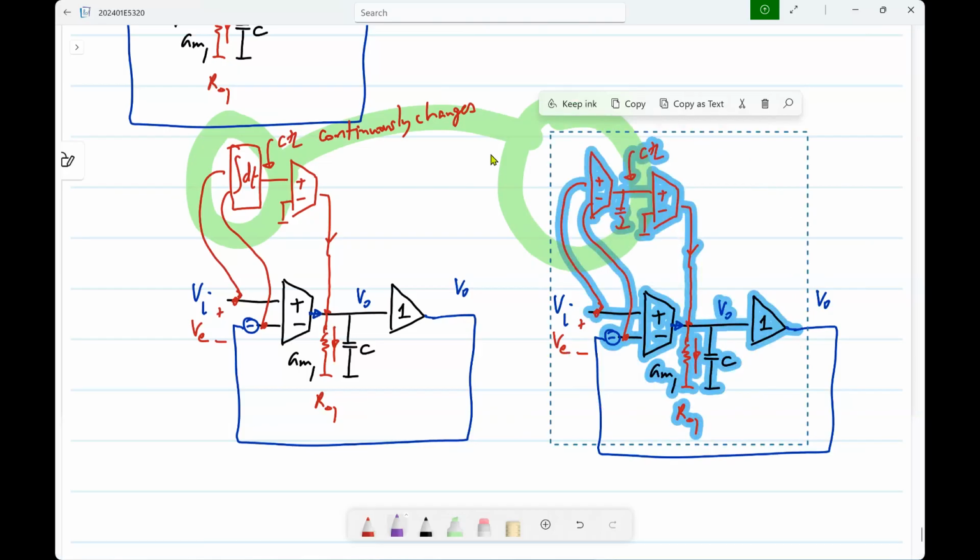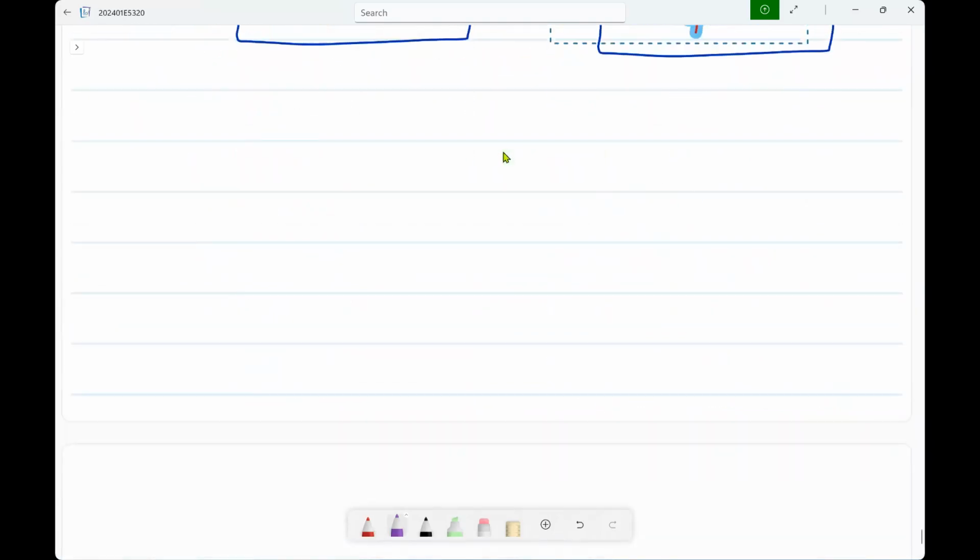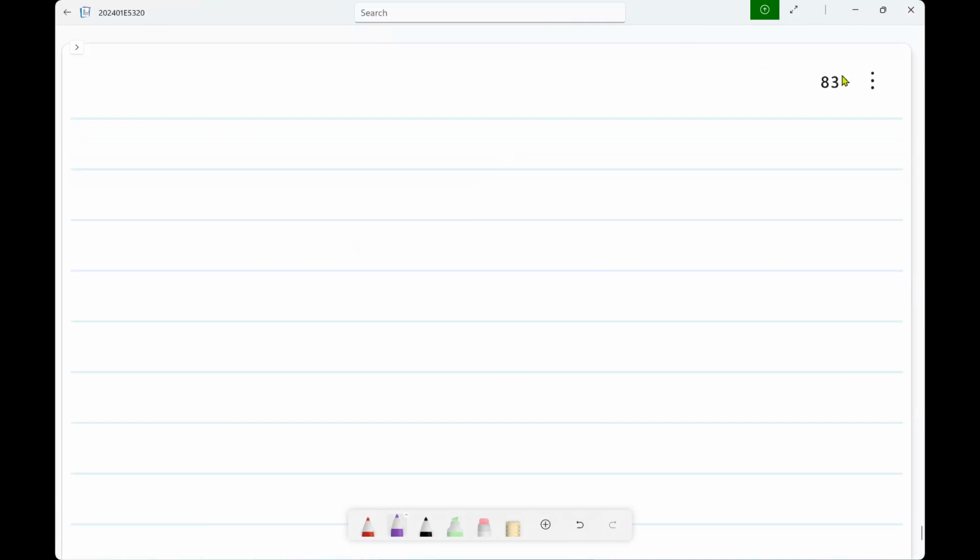Fine. So let's see what happens. So this is, of course, probably not fair. This op amp topology is probably not familiar to you. And in fact, it turns out it is not as useful in as wide a context as the other type of feedback op amp, the Miller op amp that you're familiar with. But for some cases, this is better than the Miller op amp.